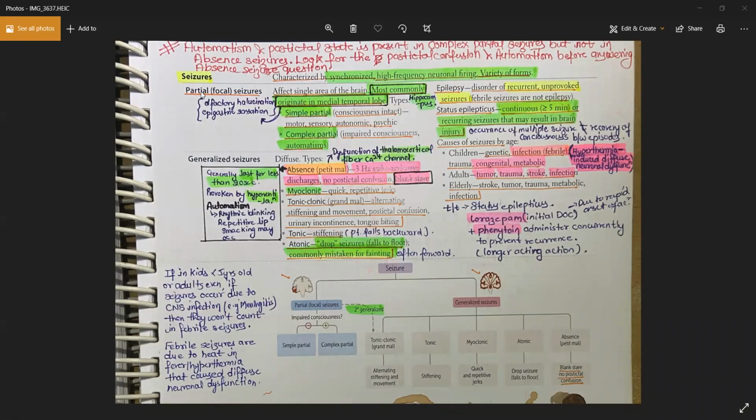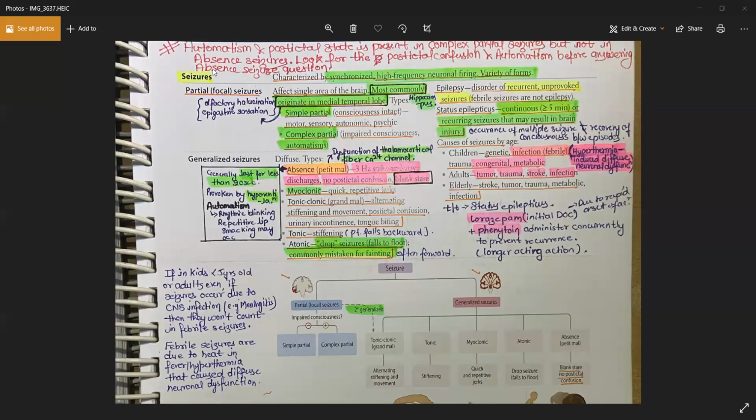For example, if it is the primary motor cortex where this hyperactivity occurs, you will get shaking of the hands or the legs, or a complete one side of the body. So seizures are nothing but a hyperactivity of one part of your brain or sometimes the complete brain, because these nerve impulses are nothing but the flow of ions. This action potential is nothing but the flow of ions.